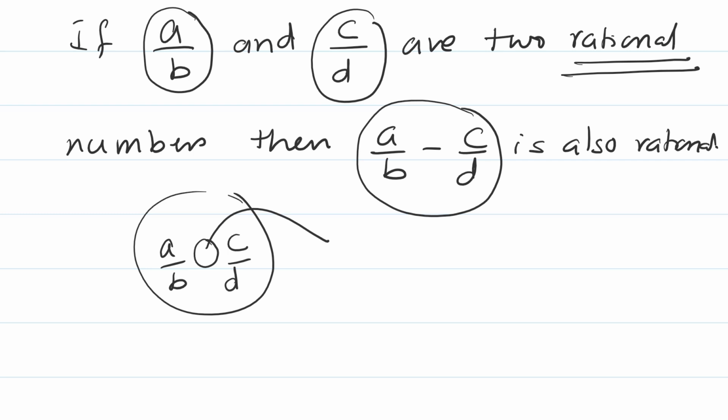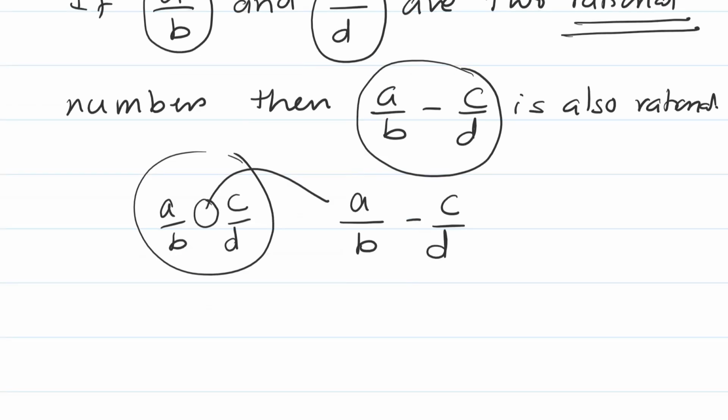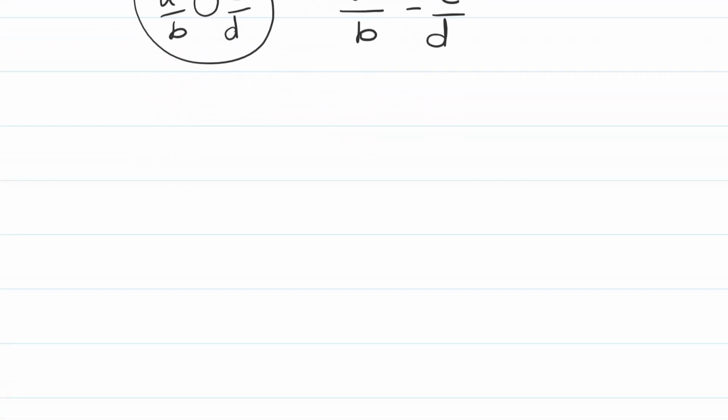So here we are going to combine two elements by using the subtraction operator: A upon B minus C upon D. Example, consider the same two numbers 3 by 4 and 7 by 5, two rational numbers. We'll find out the difference. 3 by 4 is rational, 7 by 5 is rational.